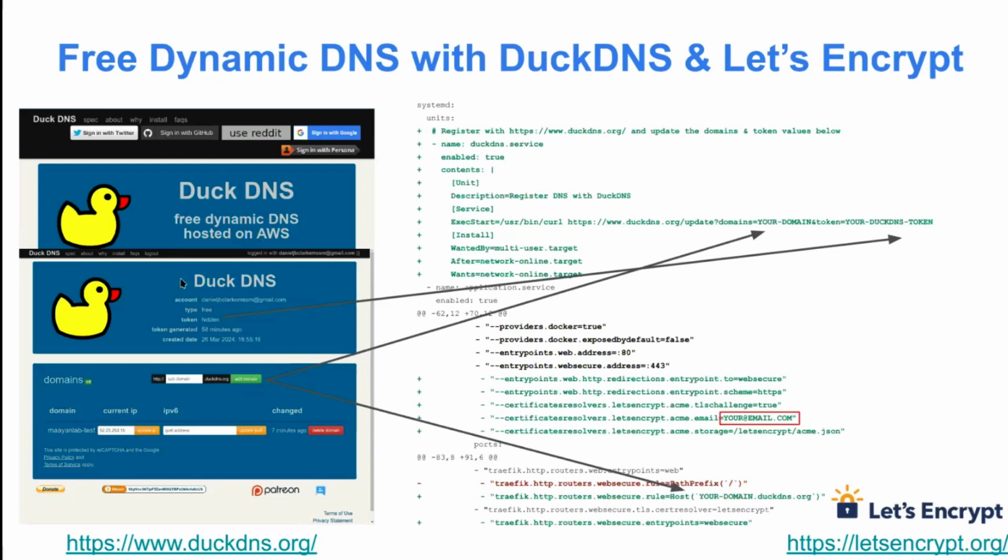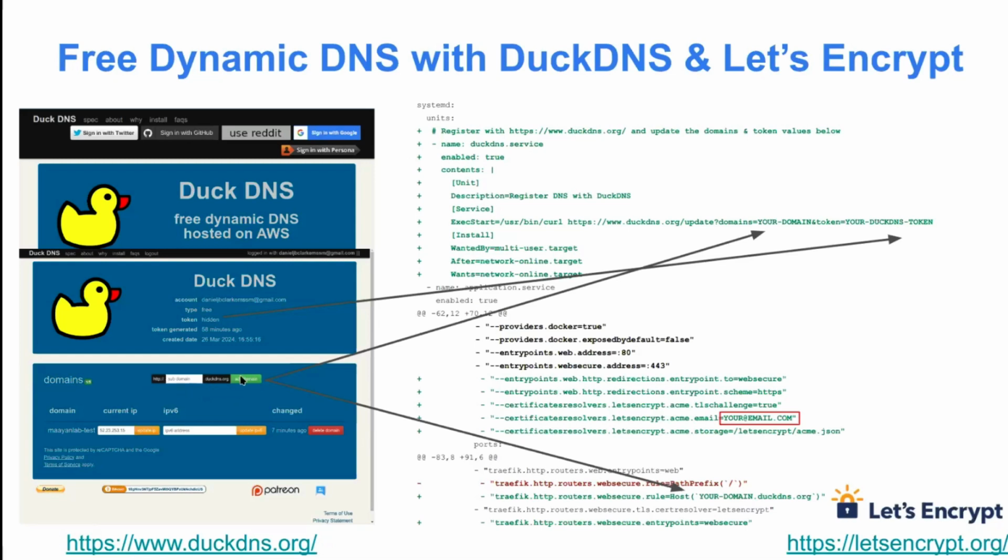So DuckDNS is just this free DNS provider. You can go to this site, create an account with like your Google account, log in with Google, GitHub, Twitter, what have you. So once you've logged in, you're going to get this token, and here you can register an arbitrary domain, and it will be something.duckdns.org.